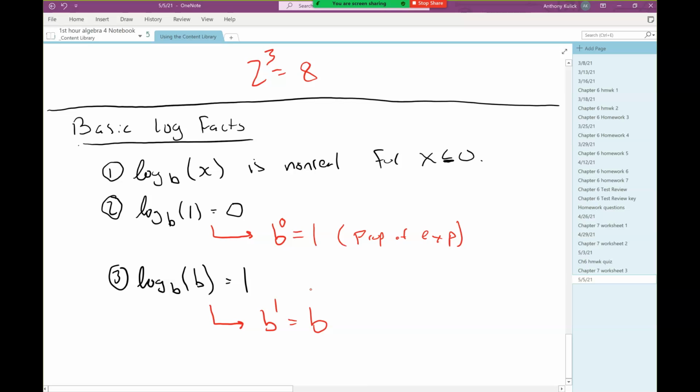It's a new notation that we're using to describe that, but saying log base b of b is equal to 1 is equivalent to just saying b to the first is equal to b, which is a no-brainer. So far, so good. Again, we haven't really done much yet. We've just introduced this new operation and talked a little bit about how it works, how we can do it on our calculator, what it means, and in some cases how we can do it by hand.